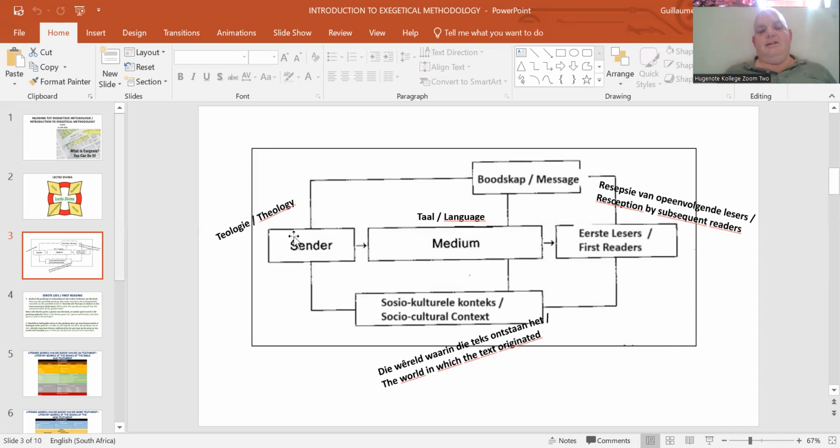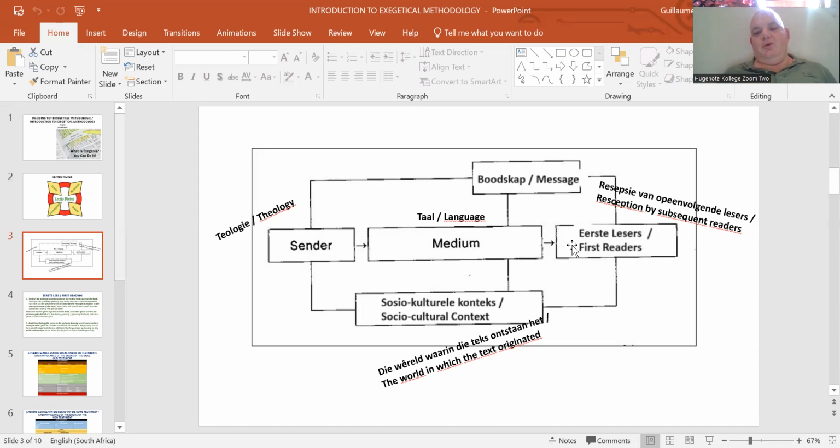Secondly, there is a sender, the person who wrote the text and made sure that we have it today. Then you have the first readers, or the intended readers. This person wrote this for these people, so there's always some sort of logical movement.